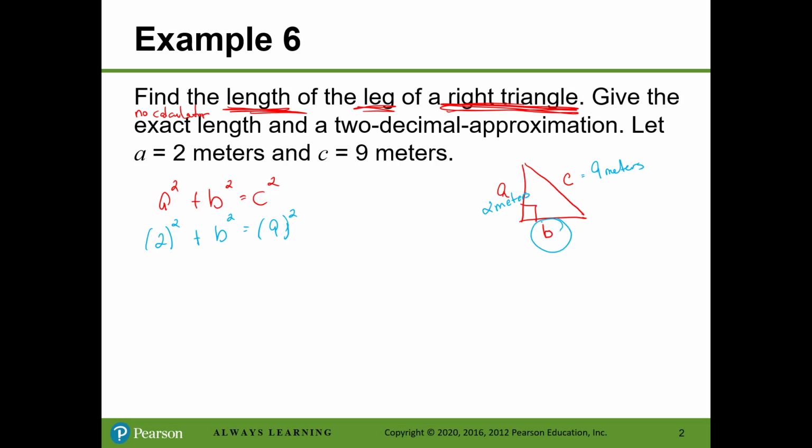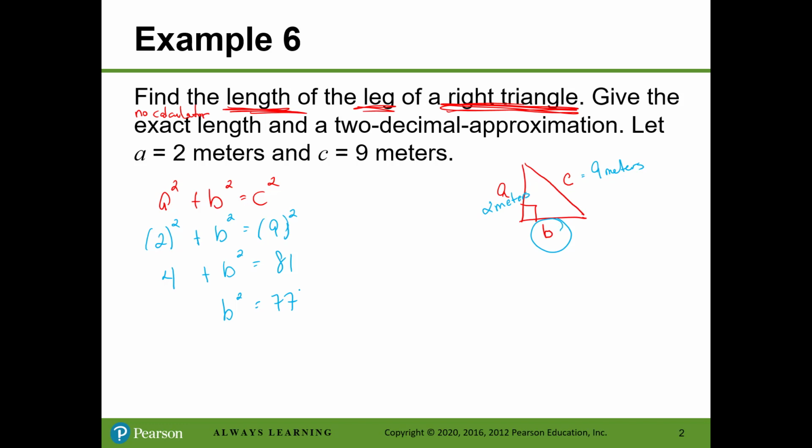Because b is the only part of this triangle that I have no idea what the length is. So just working out our math, right? And subtracting 4 from both sides.